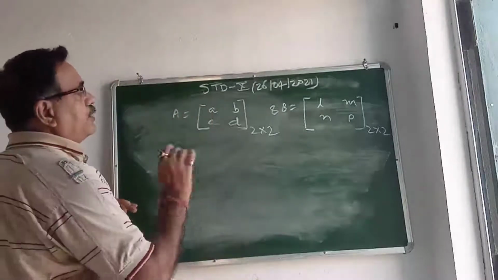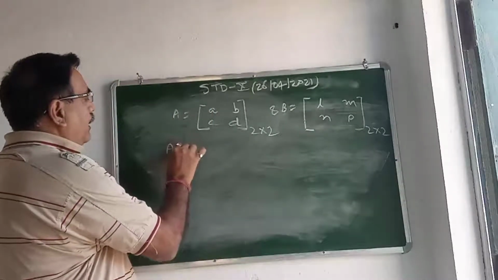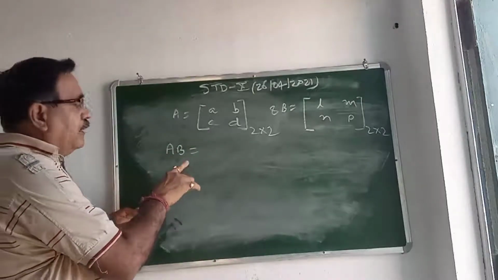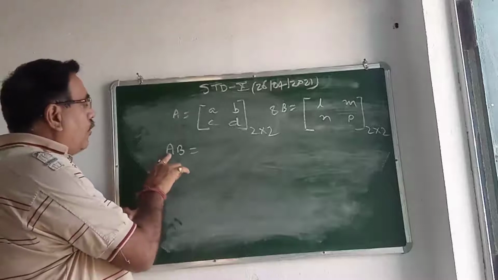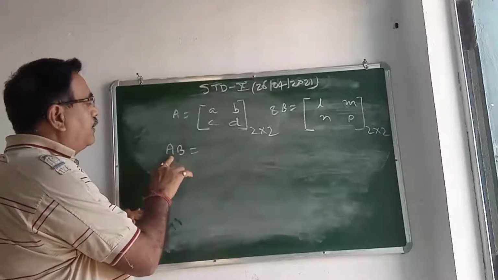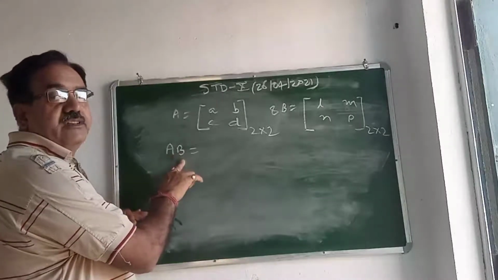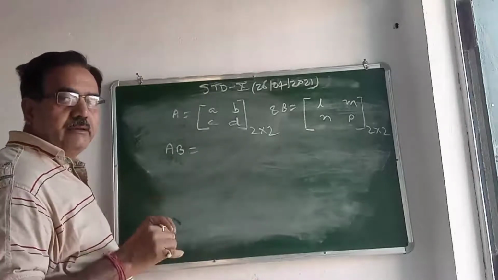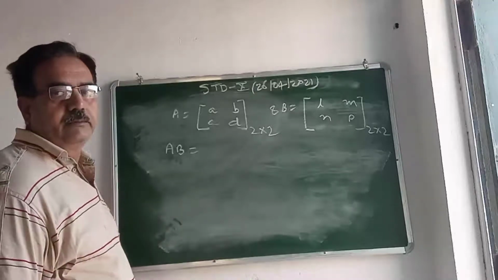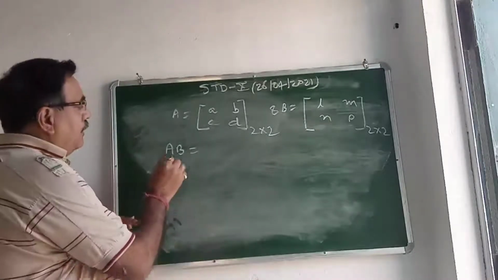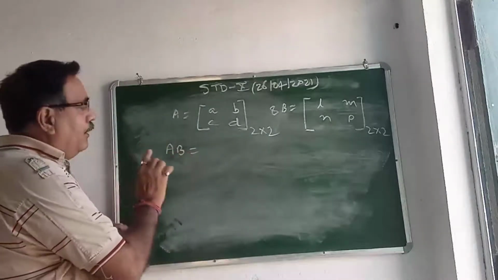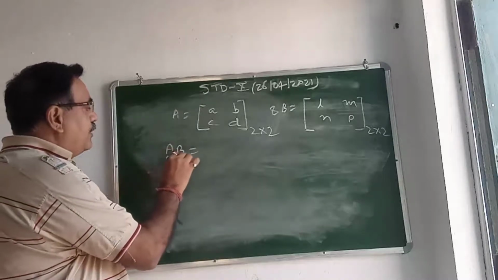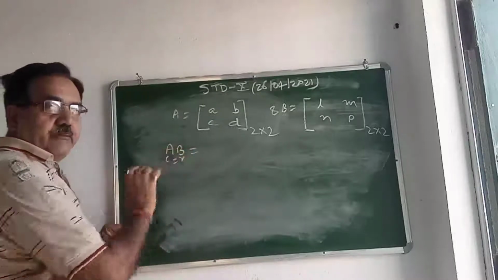Multiplication of matrices is possible only when, for AB, meaning we multiply A with B, the column of the first must be equal to the row of the second. If it is not equal, immediately write that multiplication of matrices is not possible. Once again, A and B multiply means the column of the first must be equal to the row of the second matrix.